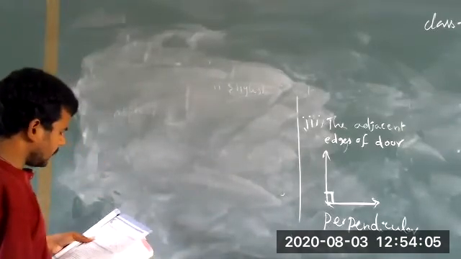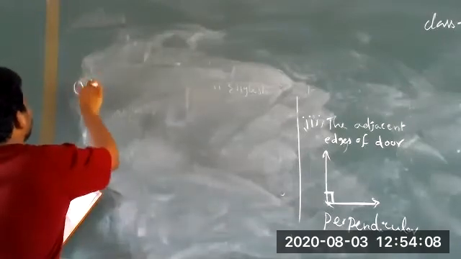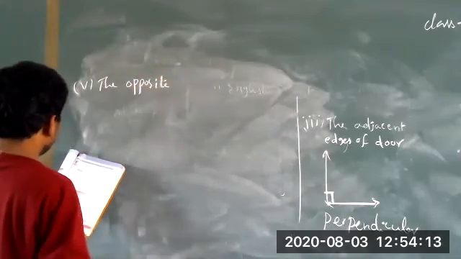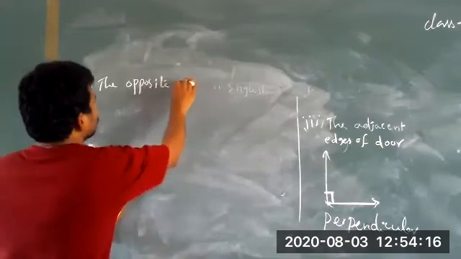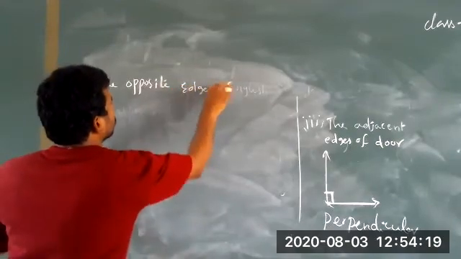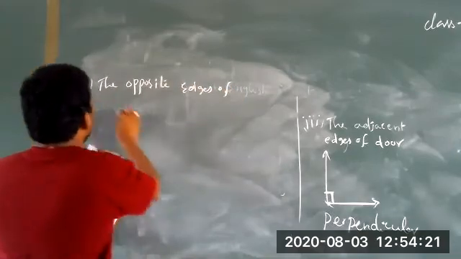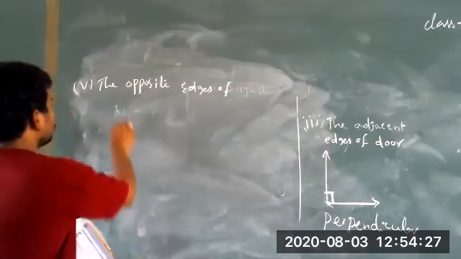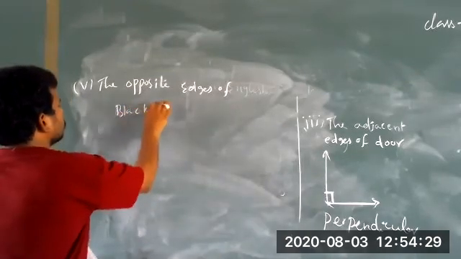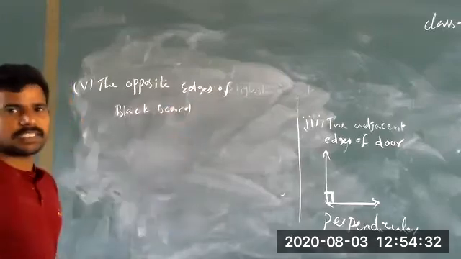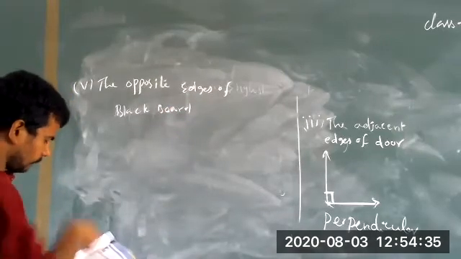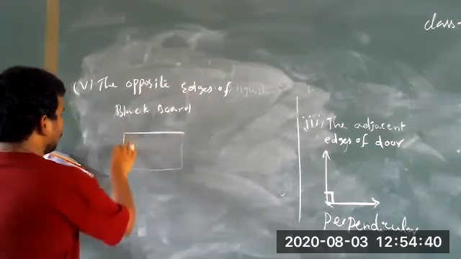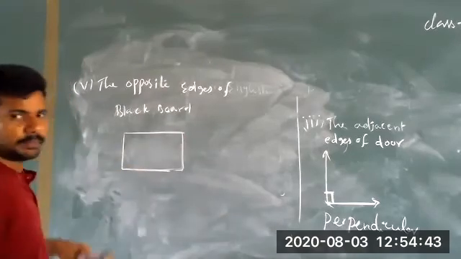Next, the fifth one. The opposite edges of a blackboard. This is one blackboard.